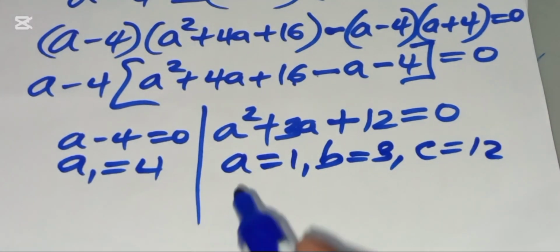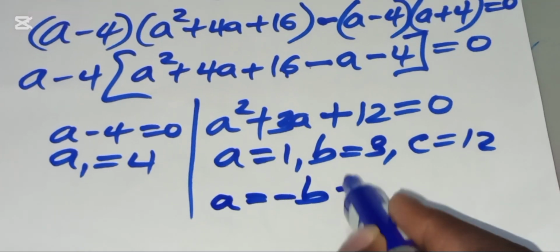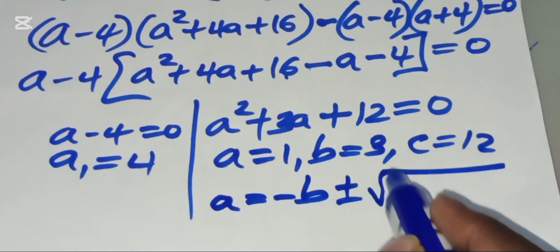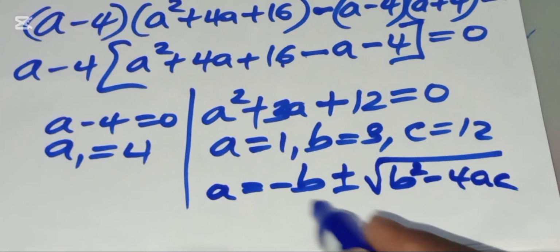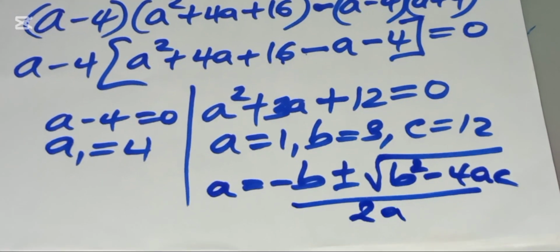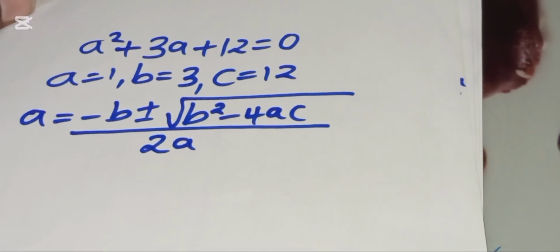Applying the quadratic formula, a is equal to minus b plus or minus the square root of b squared minus 4ac, divided by 2a. Let's substitute the values of a, b, and c.